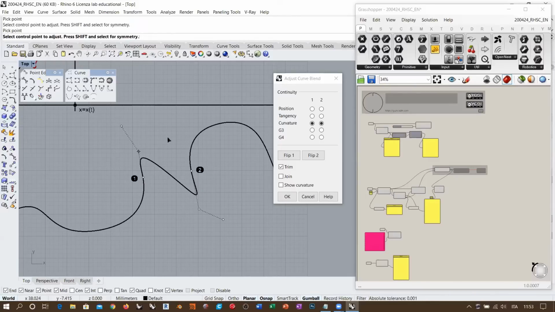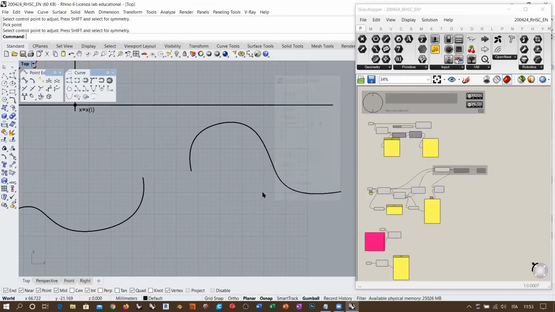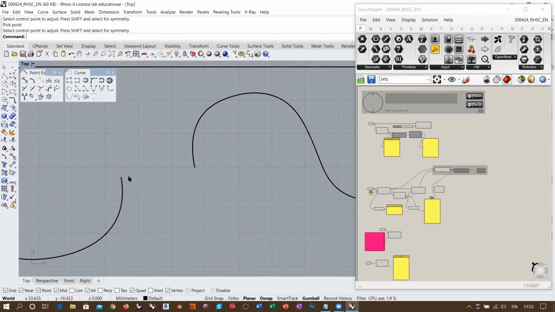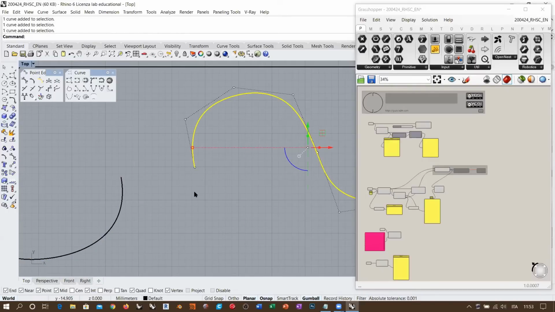But what you can do is set the proper amount of control points that can be used by Rhino in order to adjust the right level of continuity. I mean, if I need to create a connection line between these two here, and I need this connection line to have curvature continuity here and curvature continuity here, I know that this line must have at least 3 control points for curvature continuity here and 3 control points for curvature continuity here.